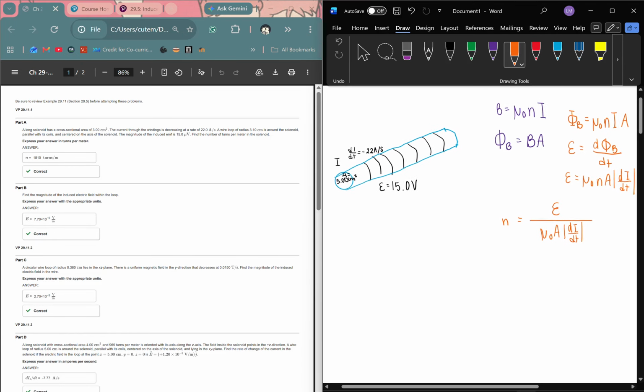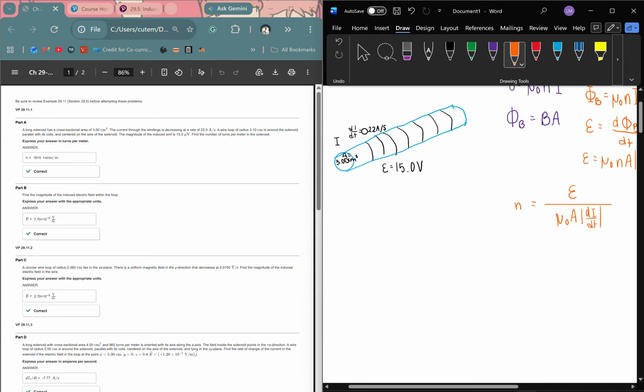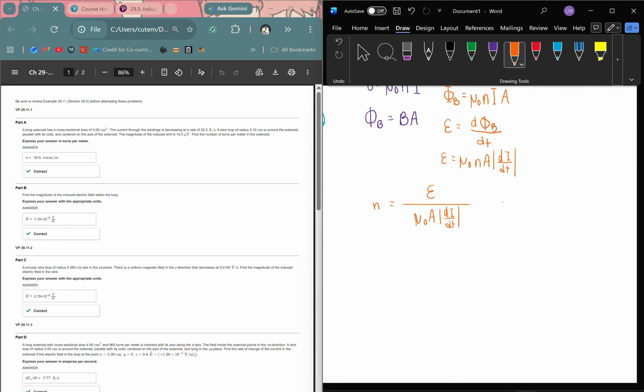Okay, let's do that. We know that the EMF is 15.0 microvolts. So let me just put it here. Sorry, I made a mistake.